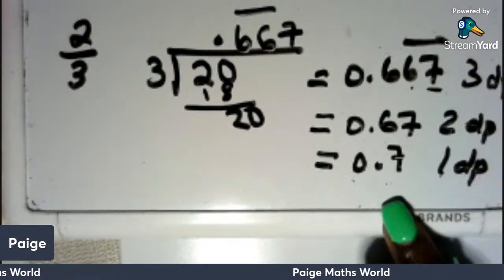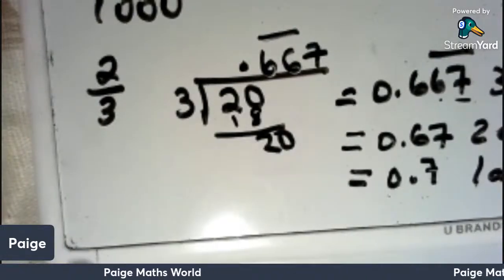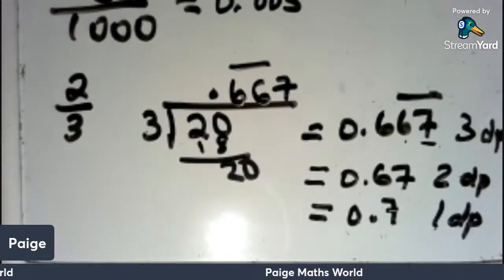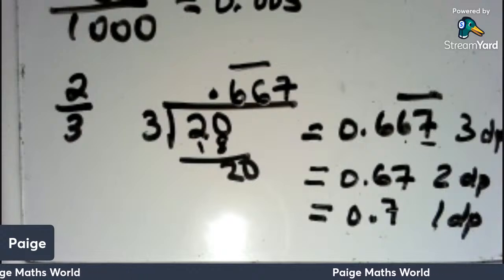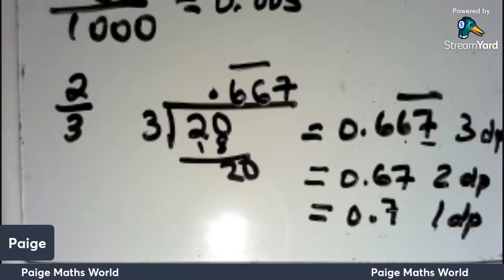So you guys understand how we got the decimal places? Do you guys understand how we turn our fraction 2 over 3 into a decimal? Do you guys want me to do one more, or do you want one to try? All right, you want to try?